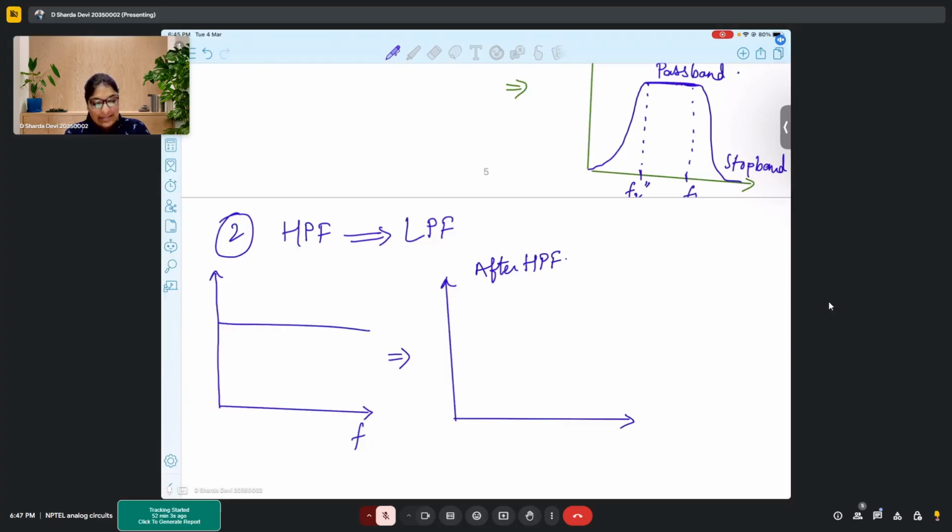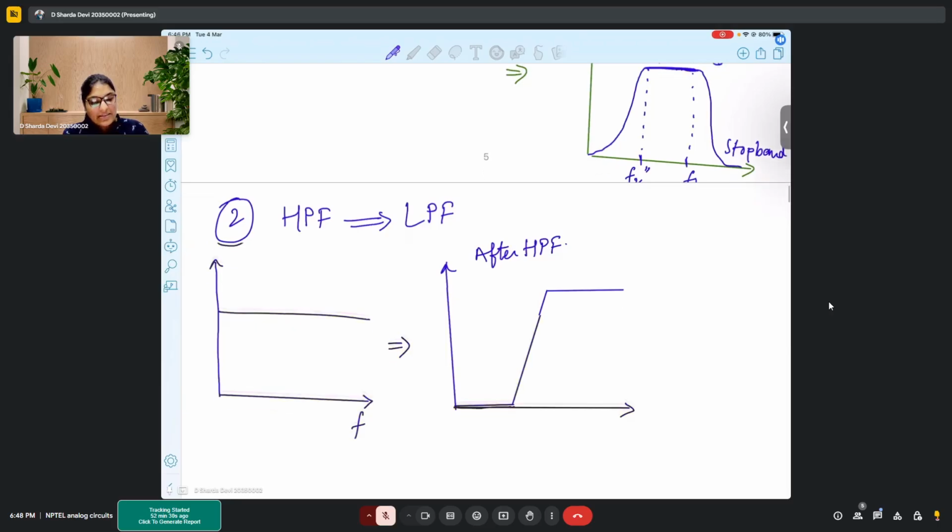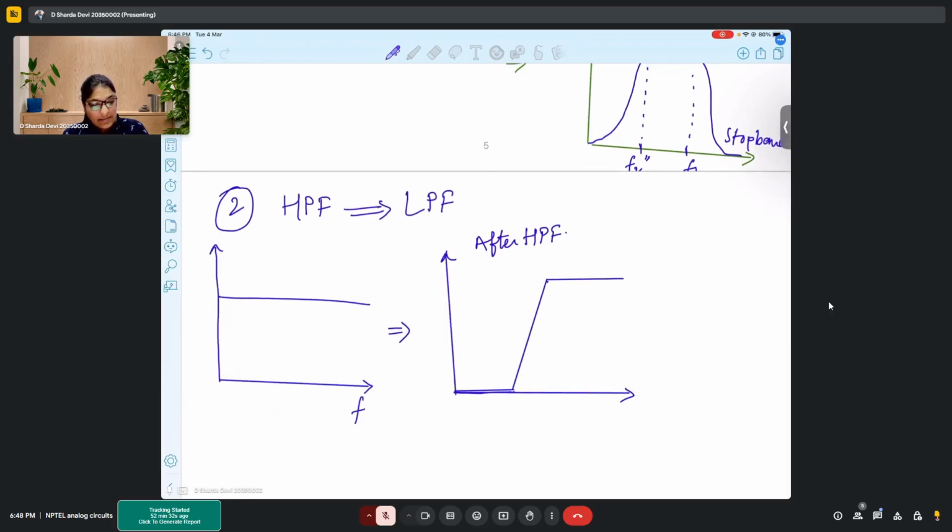Okay, let us analyze, right? So I had all the frequencies in my hand. I'm passing it through a high pass filter, okay? So after passing it through a high pass filter, this is the profile that we would get. Say this is the profile that we are getting after passing through the high pass filter.